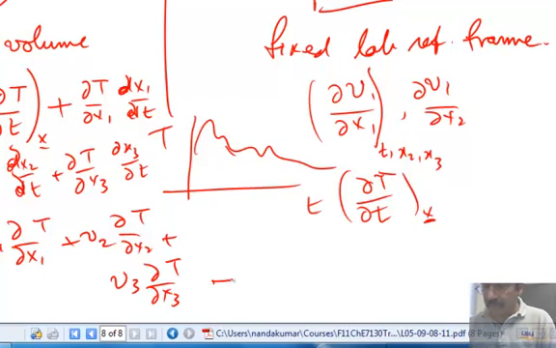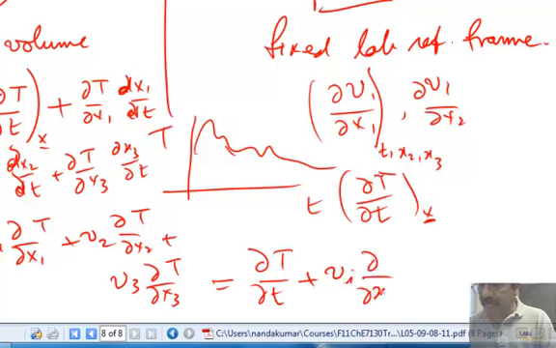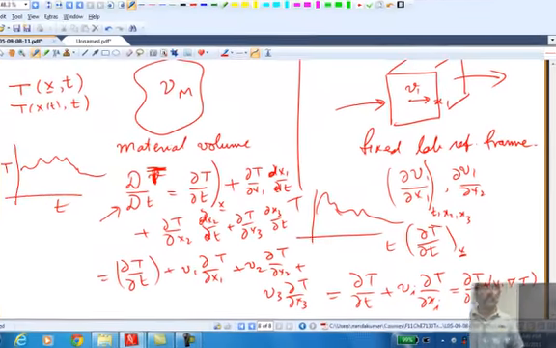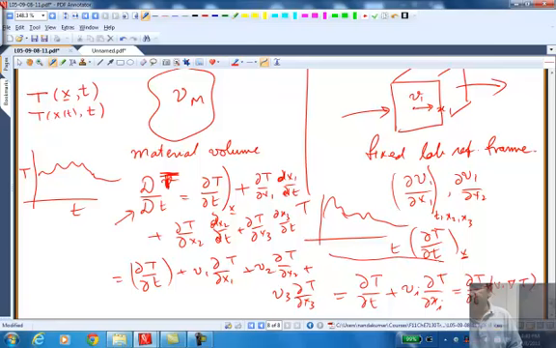So in index notation, you can write this elegantly as D/Dt = ∂/∂t + vi ∂/∂xi of T. Or in Gibbs notation, you can write this as ∂/∂t + v·∇T. So that is called a substantial derivative or the total derivative following the motion.